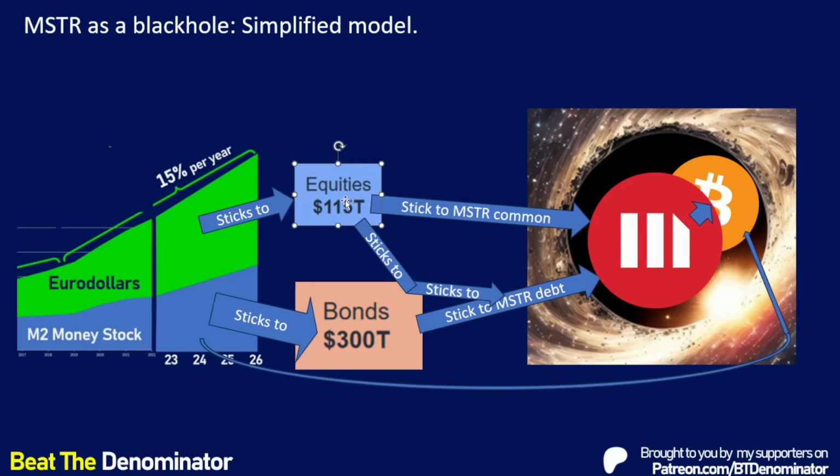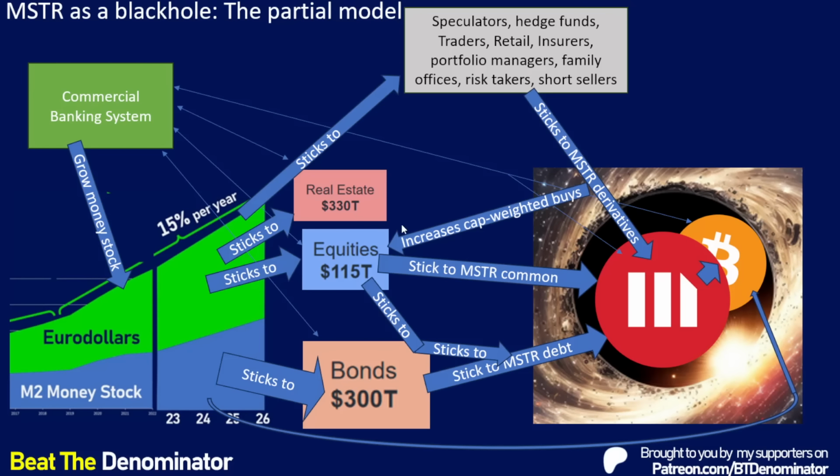So Microsoft could be interested in buying a convertible bond from MicroStrategy. It's fine for established companies to buy the bonds of other companies. So these equities, first of all, they could buy some of the debt of MicroStrategy, moving back to my partial model. So that's a new form of demand for that debt coming from the equities themselves.